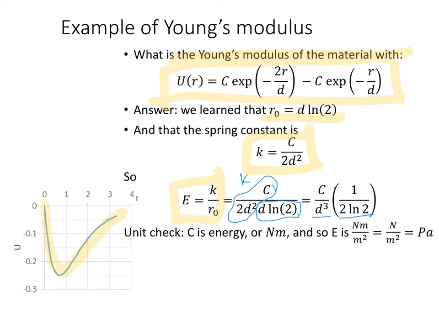So again, we'll want to do an energy check. C is an energy, that is joules or Newton meters. And then d, of course, is in meters. And so we have, oops, that should be a cubed there. We have Newton meters divided by meters cubed, which is just newtons per meter squared, or Pascal. Check, that is what we want for the Young's modulus.